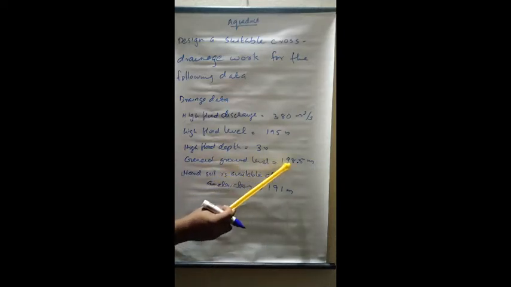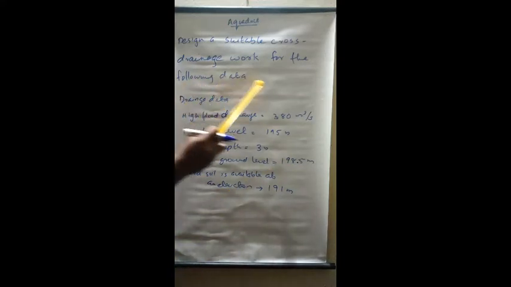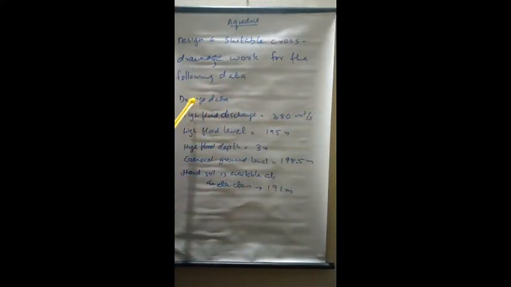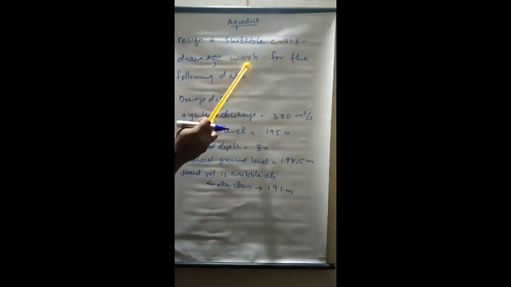General ground level equal to 198.5 meter. Hard soil is available at an elevation of 191 meter. So these are the data given about the drainage or the river. Now using this data, we need to design a suitable cross drainage work for this condition.